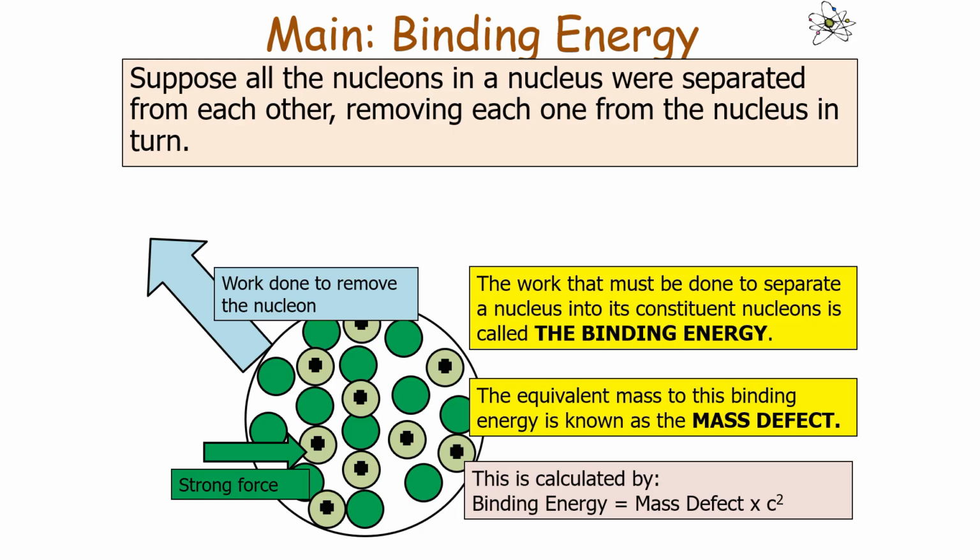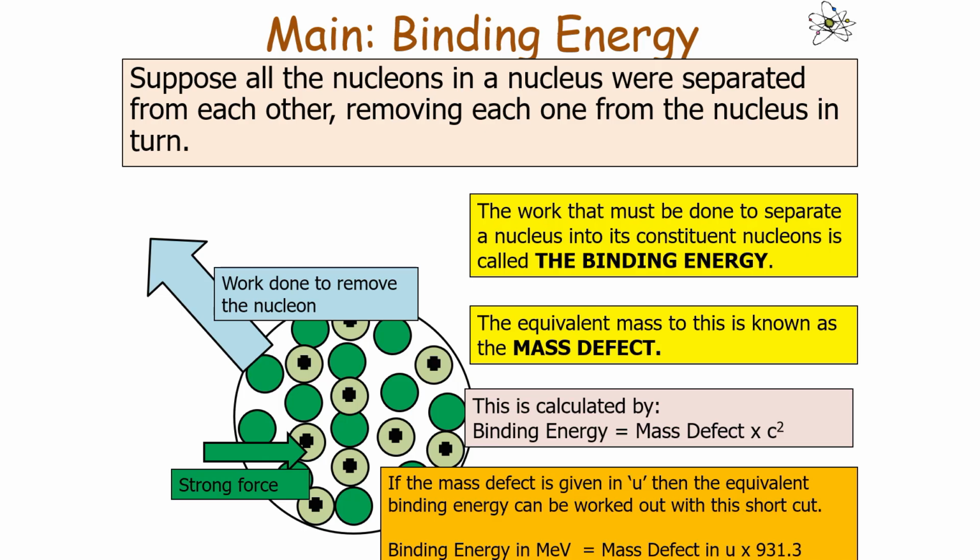Now we can calculate our mass defect or our binding energy with our equation. Binding energy is equal to mass defect times c squared. But actually there's also a shortcut here, because if the mass defect is given in u, atomic mass units, then the equivalent binding energy can be worked out by the following shortcut. Binding energy in MeV is equal to the mass defect in u times 931.3.